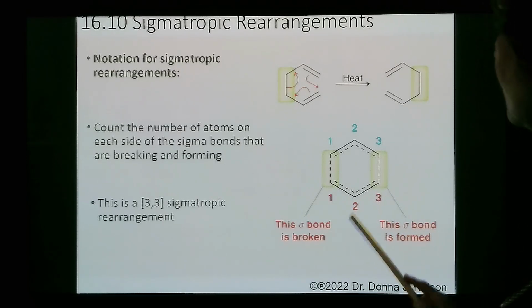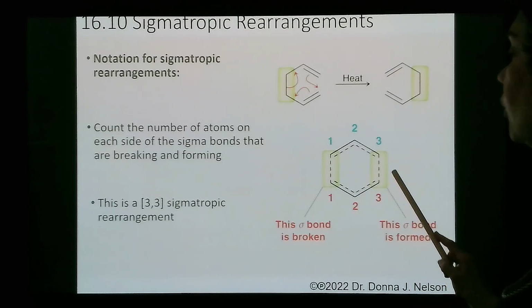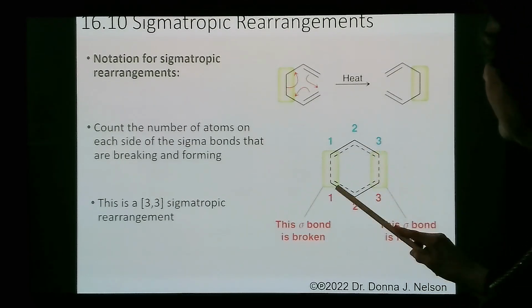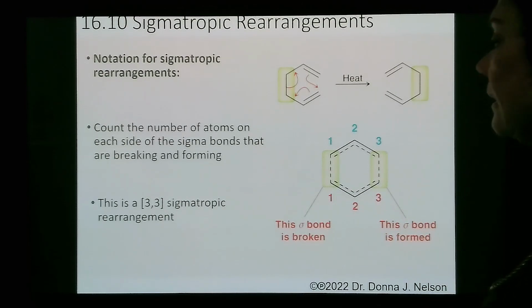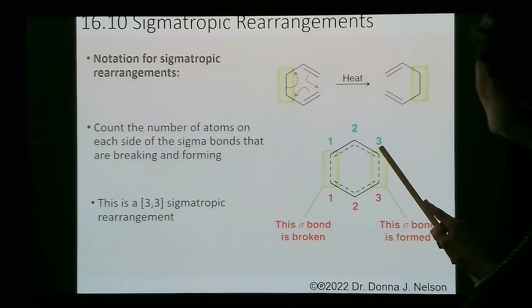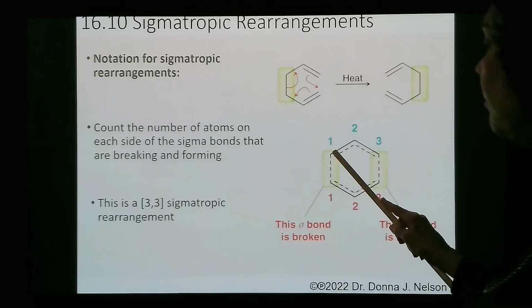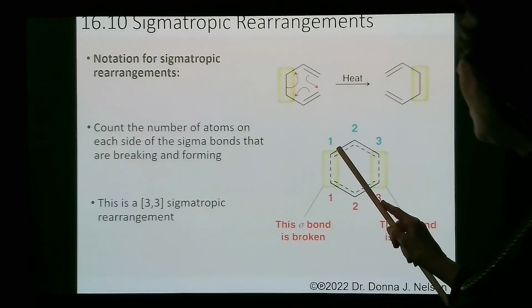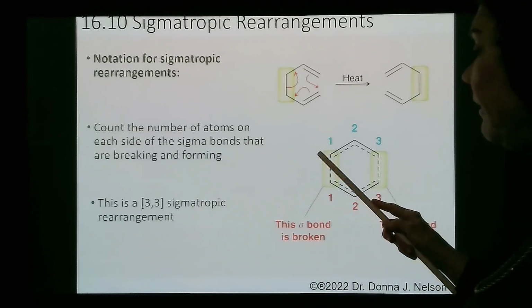And so this sigmatropic rearrangement is called a 3-3 sigmatropic rearrangement, where the 3, this is the 3rd carbon from the original position. The original position is always numbered 1. So this one is carbon 1 by definition.